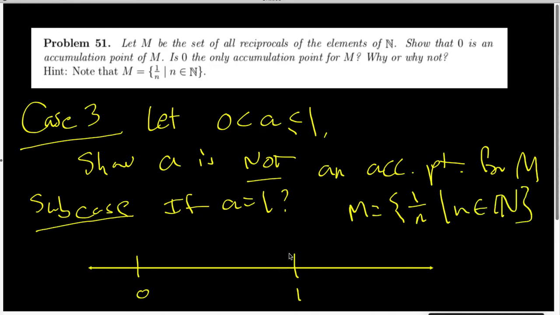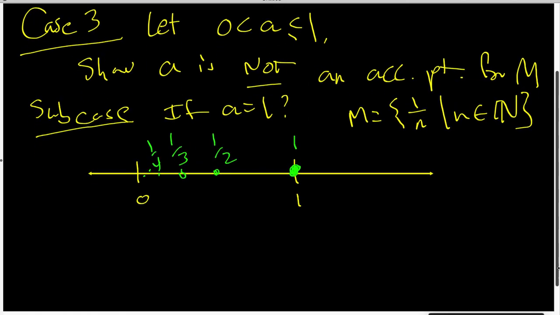We know that 1 is inside M, 1/2 is inside M, 1/3 is inside set M, and so on. And what I want to notice from this number line is the following observation.